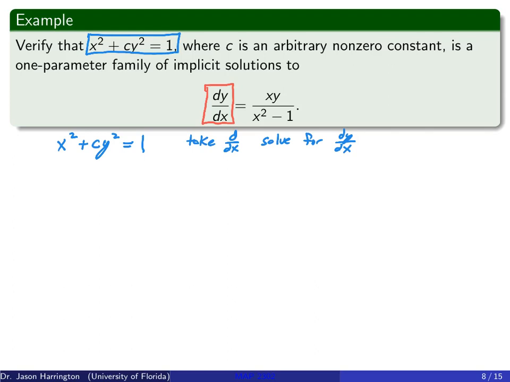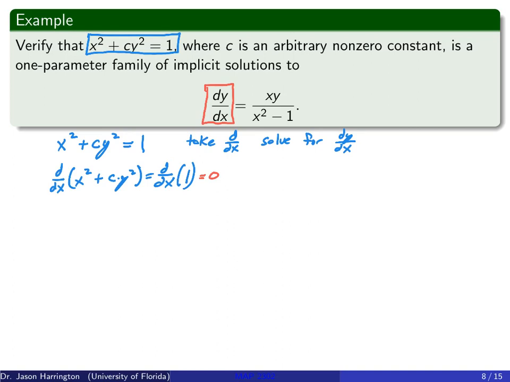So that's the first thing I'm going to do. So I have, if I take the derivative of both sides, the derivative of 1 is just equal to 0, by the way. That's pretty simple.